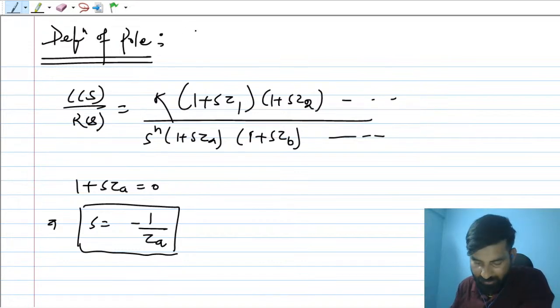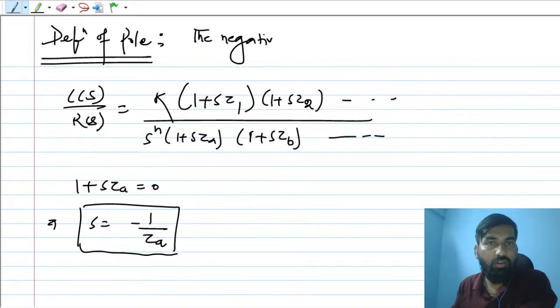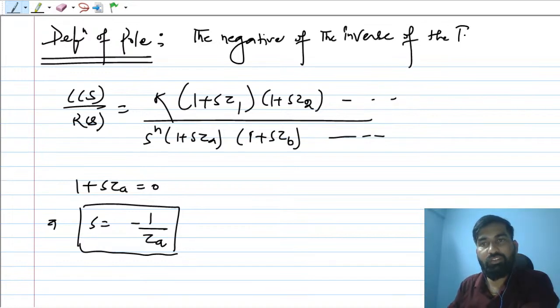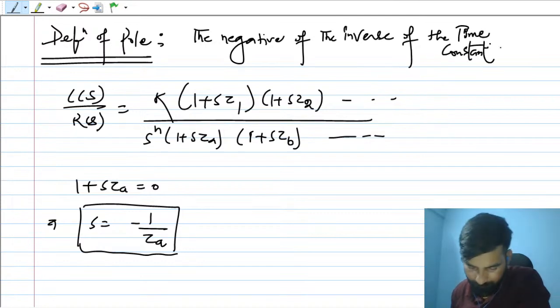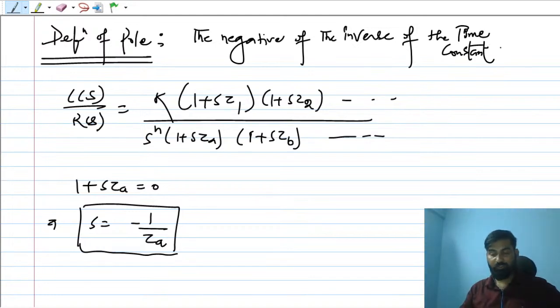So the pole of the system, write down the definition, is the negative of the inverse of the time constant of the system, at which the magnitude of the transfer function becomes infinity. If you put the value there, the magnitude of the transfer function will become infinite.